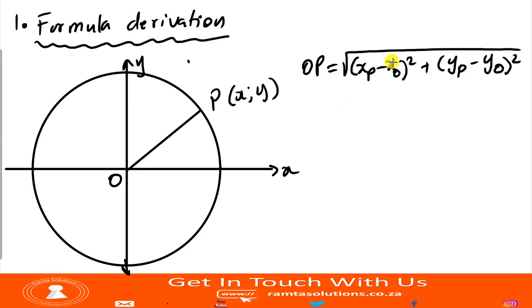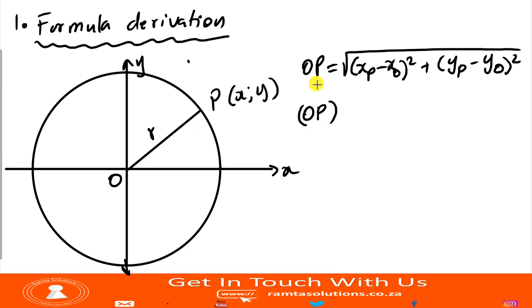Let me remove the grid. Let me remove the square root by squaring both sides. May I also call OP the radius? As you can see, the center of the circle is the origin, so OP is a radius.